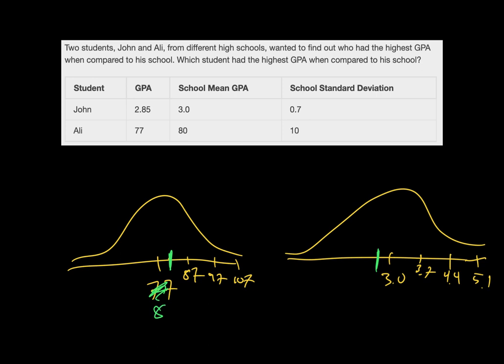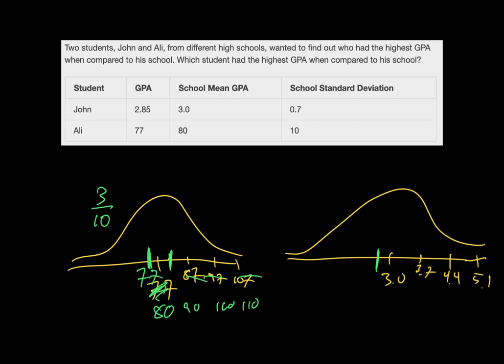This number is 80, so again, 80 says be 90, 100, 110, 3 standard deviations up. Ali was right down here at a 77, which is 3 below 80. And in terms of standard deviations, it's 3 out of 10, 3/10 of a standard deviation below.